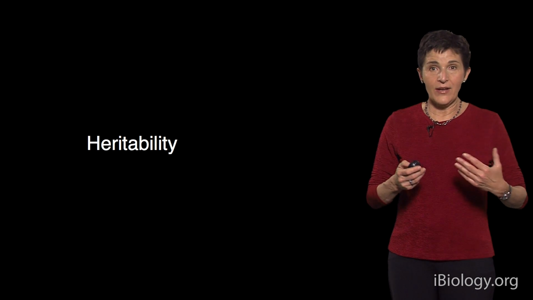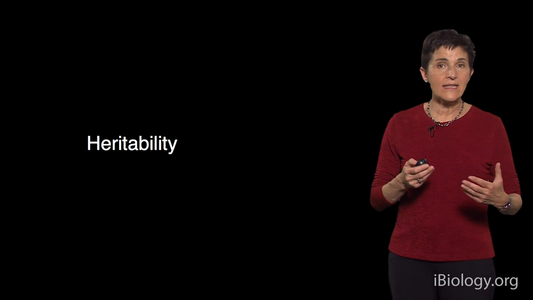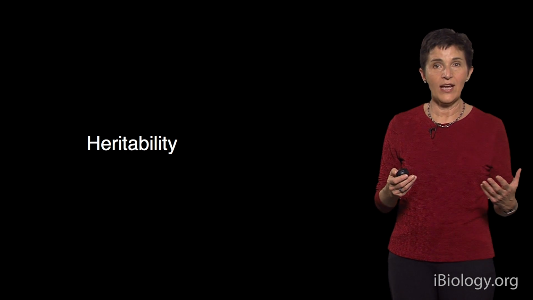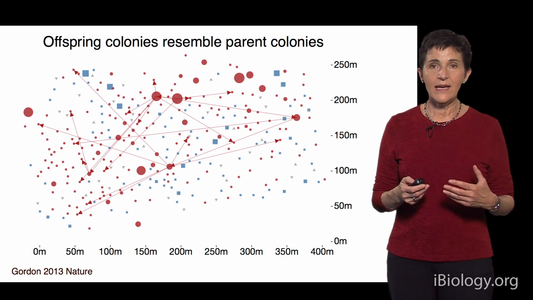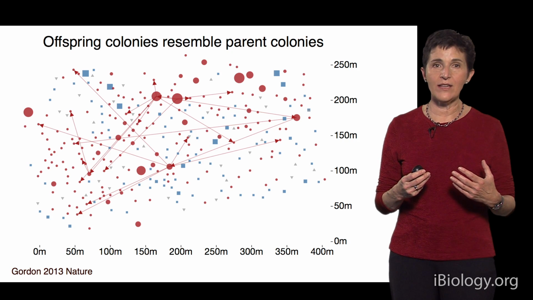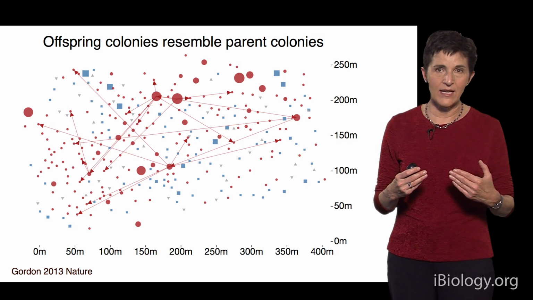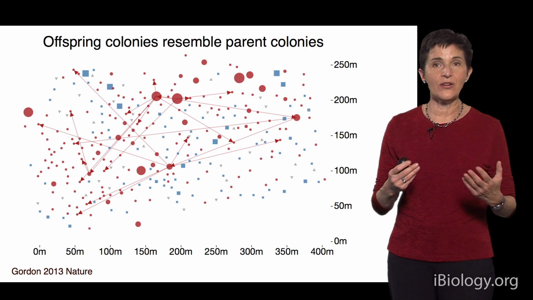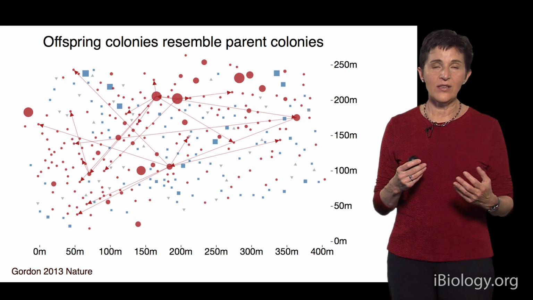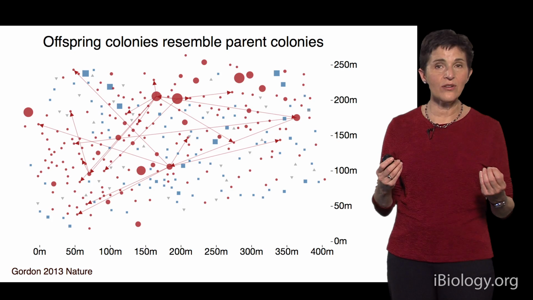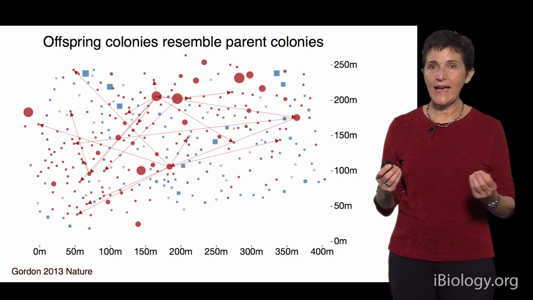By doing this, I could ask the question, is anything about colony behavior heritable? And it turns out that offspring colonies resemble parent colonies in their decisions about which days it's so hot that they don't forage. The offspring and the parents are so far from each other that the ants never meet.